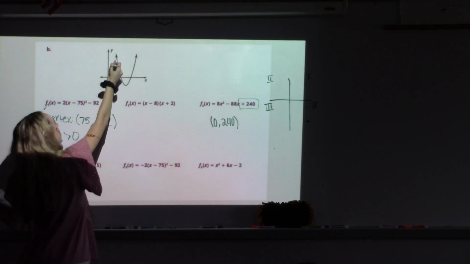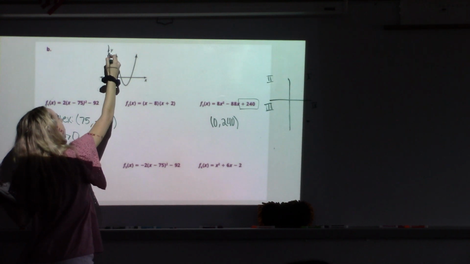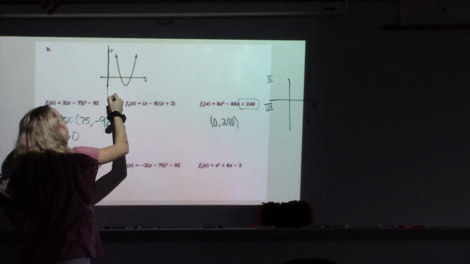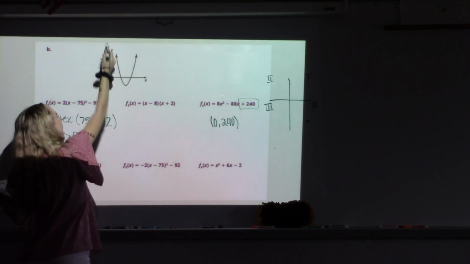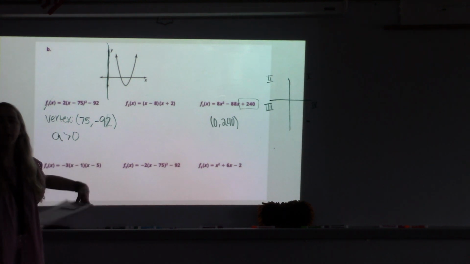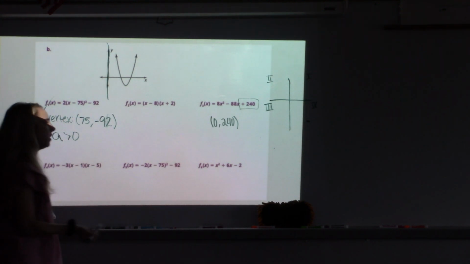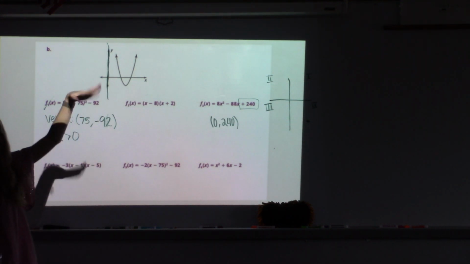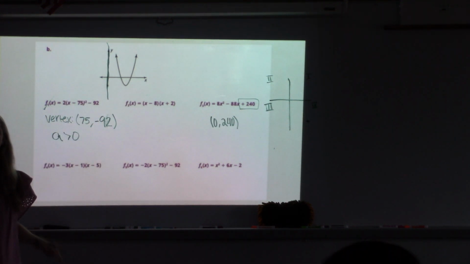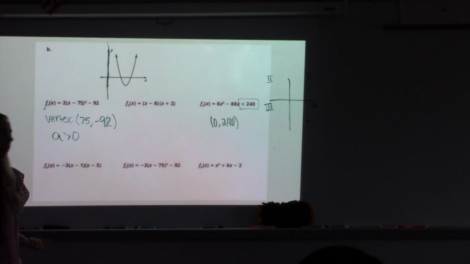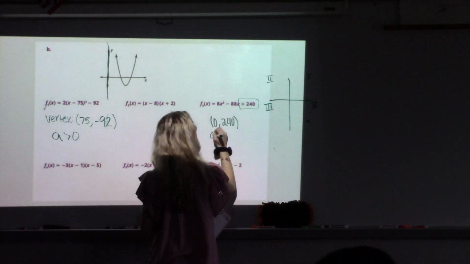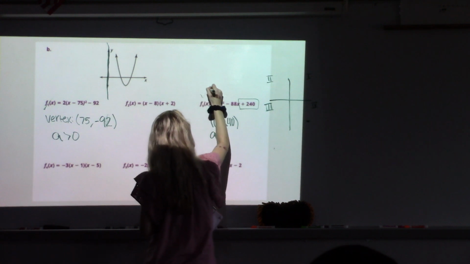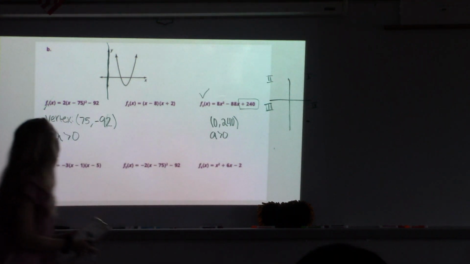So even though this isn't crossing the y-axis right now, it will eventually, and when it does, it's going to cross it in the positive region. So that's why we can say that it does have that positive y-intercept.